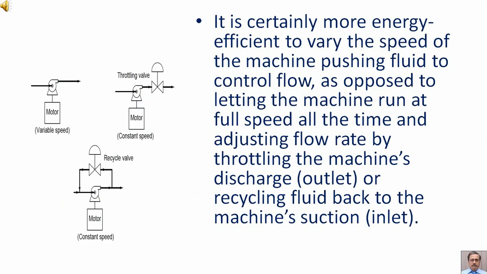It is certainly more energy efficient to vary the speed of the machine pushing fluid to control flow, as opposed to letting the machine run at full speed all the time and adjusting flow rate by throttling the machine's discharge, that is outlet, or recycling fluid back to the machine's suction, that is inlet.